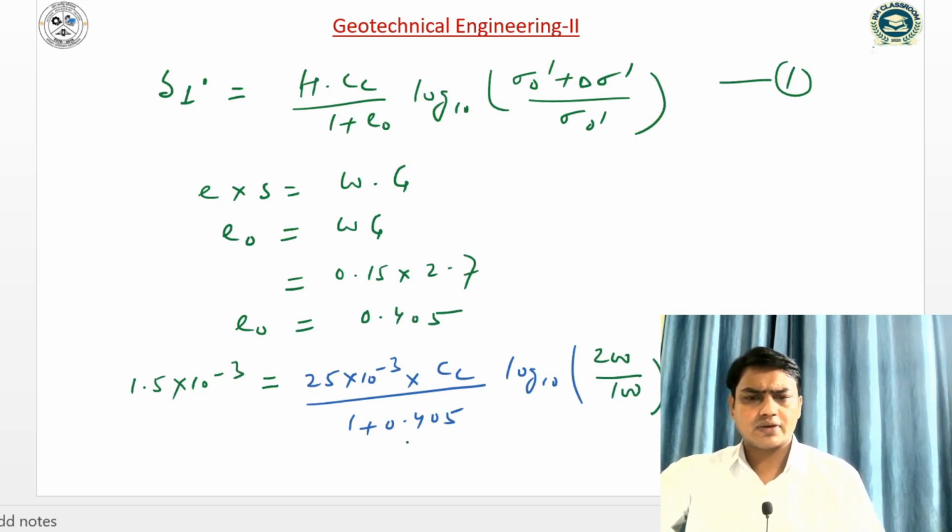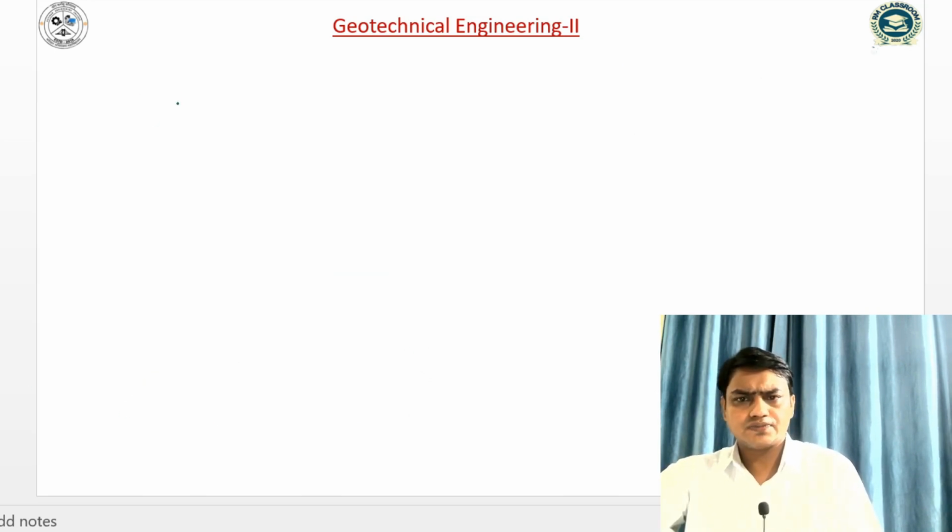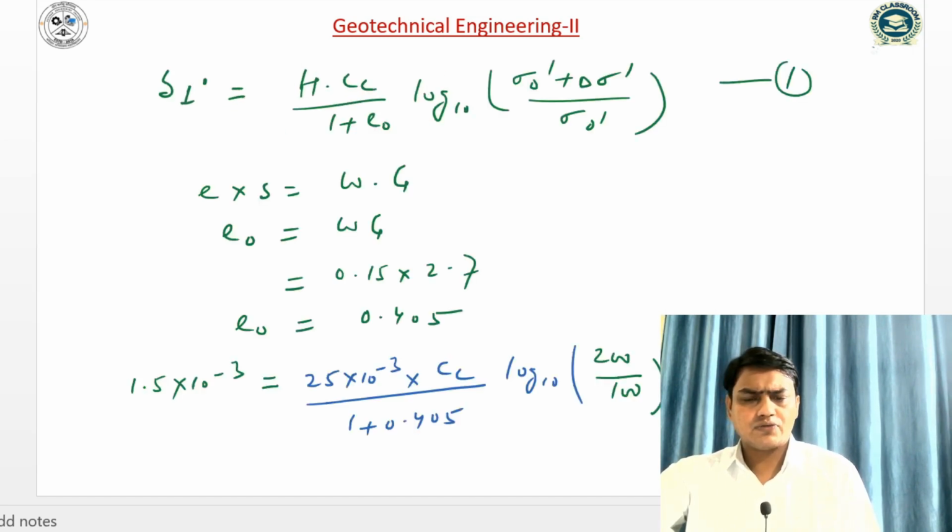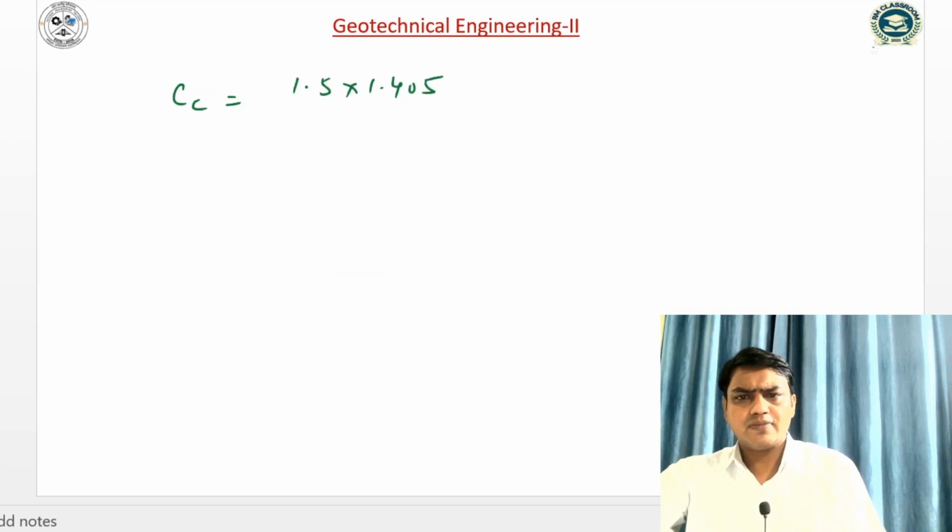So here the 10 to the power minus 3 terms cancel. So Cc is equal to 1.5 into 1.405 divided by 25 into log 2 to the base 10.